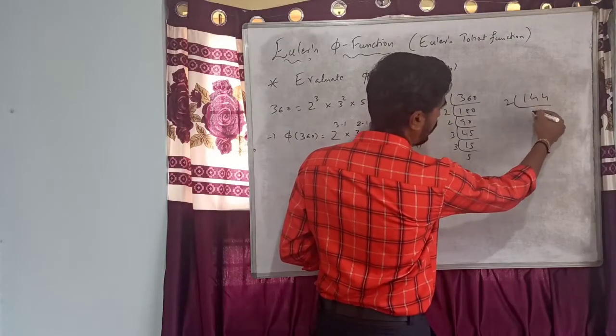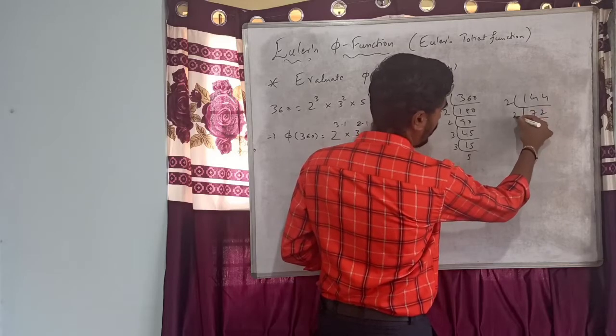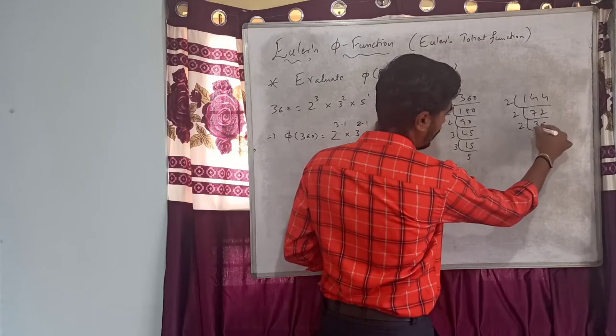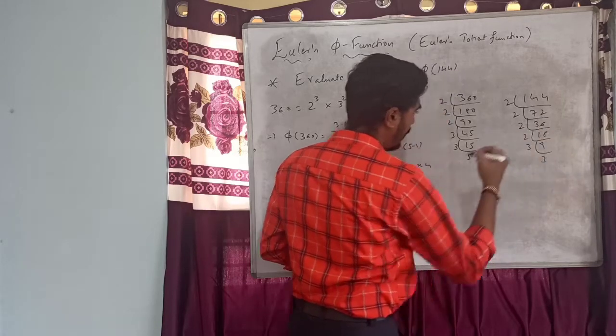We get 2 into 72 is 144, 2 into 36 is 72, 2 into 18 is 36, 2 into 9 is 18, 3 into 3 is 9.